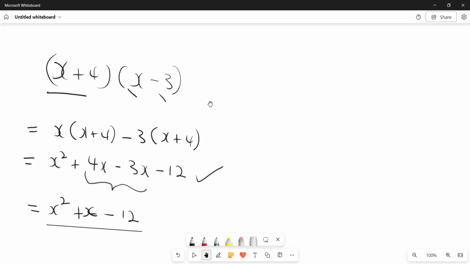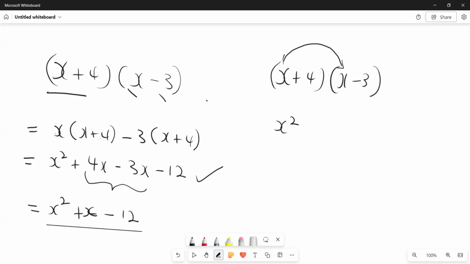The alternative is this. Let me go here: x plus 4, x minus 3. What you could do is a shortcut. x multiplied by x gives us x squared. x multiplied by minus 3 gives us minus 3x. 4 multiplied by x gives us 4x. 4 multiplied by minus 3 gives us minus 12.